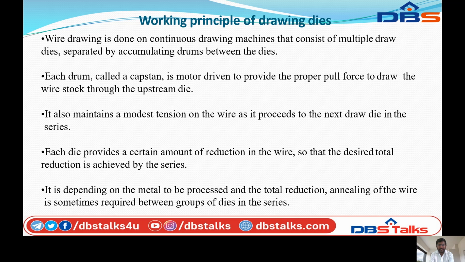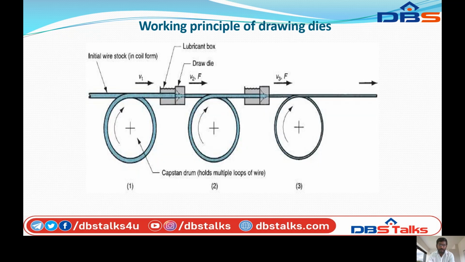Each die provides a certain amount of reduction in the wire so that the desired total reduction is achieved by the series. Depending on the metal to be produced and the total reduction, annealing of the wire is sometimes required between groups of dies in the series. So you can see the figure of the working principles of the draw die.